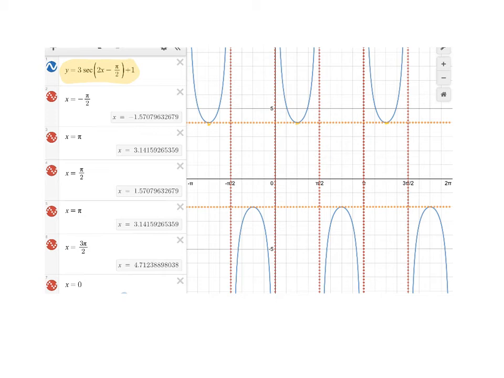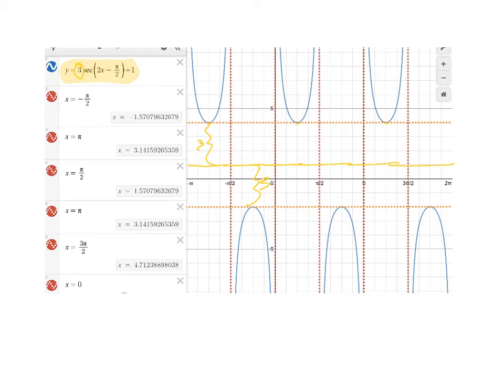So I moved the center line, the midline, up 1, although I didn't graph it. And then I used the amplitude measure to figure out where those graphs are going to start. So from the midline, we're 3 up to get those, and we're 3 down to get these bottom ones. So that 3 is kind of important, more important for a secant graph than it was for a tangent graph.